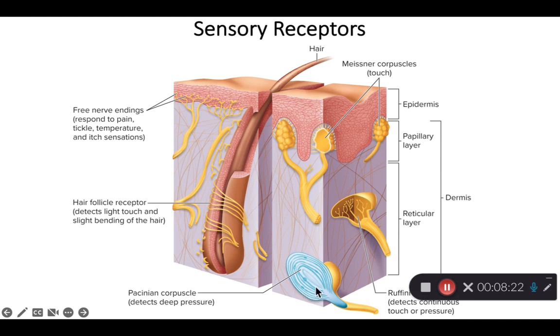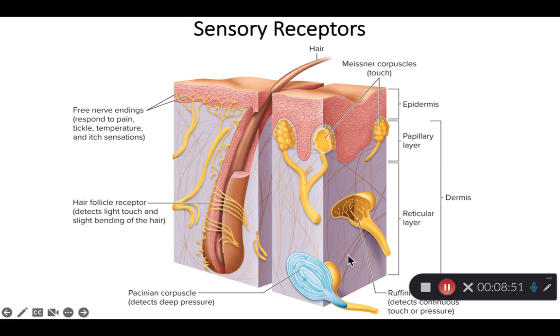Now, what's interesting, think about where you might have many of these touch sensors. You're going to have a lot of these in the tips of your fingers, right? Because you use the tips of your fingers when you're really trying to touch something or feel something. So if you're in, say, Publix and you feel fruit to see if it's ripe or not, you're going to use the tips of your fingers.